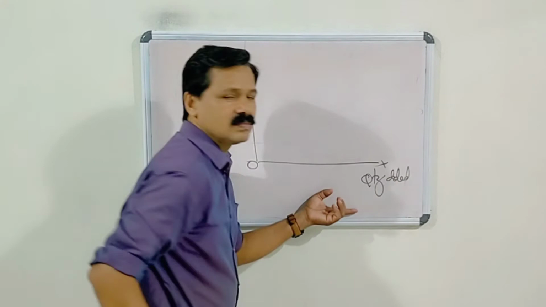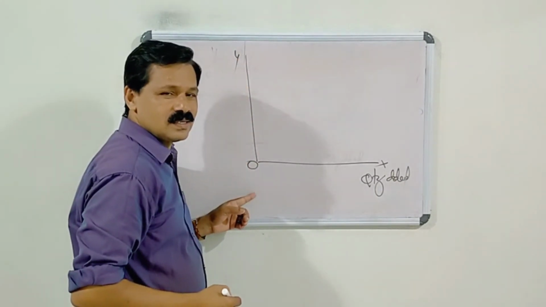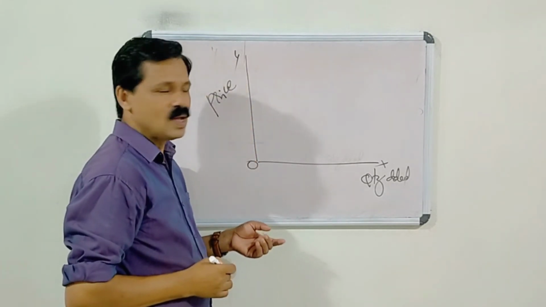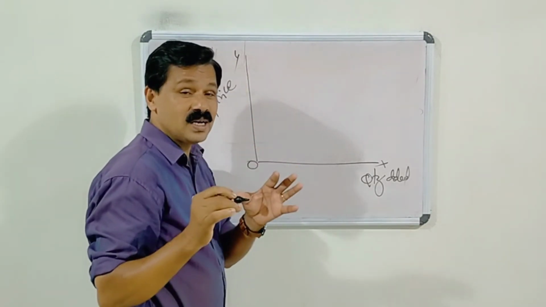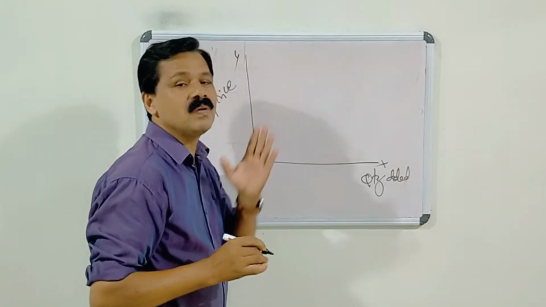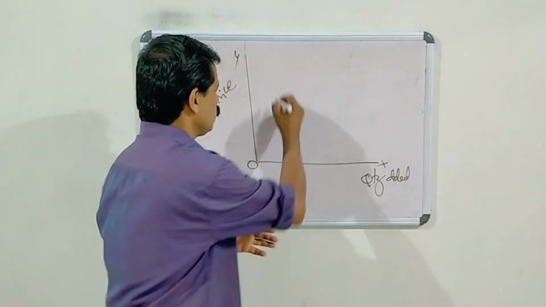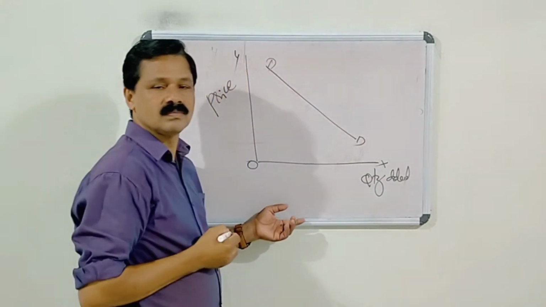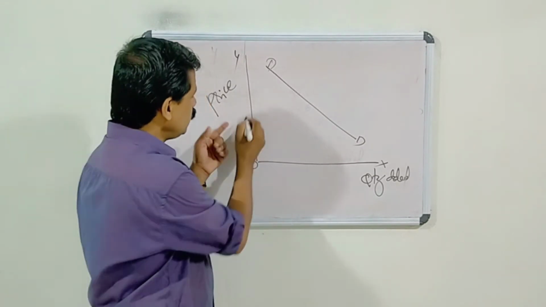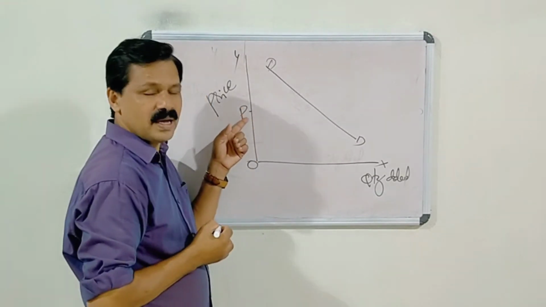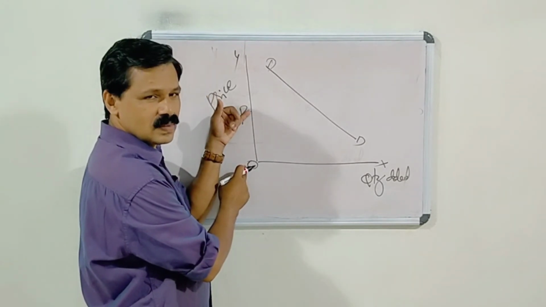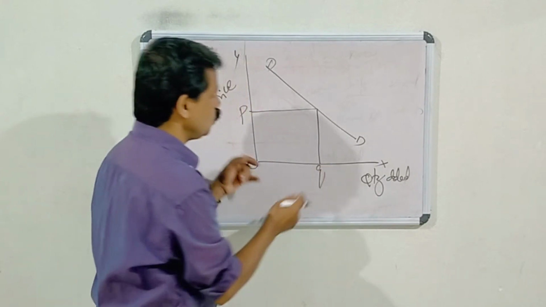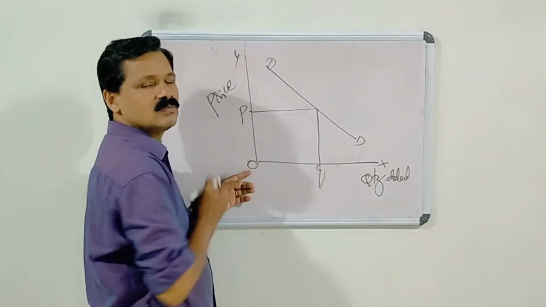Y-axis shows its price. We know a typical demand curve always slopes downwards from left to right, or is negatively sloped. This is the typical demand curve DD. Supposing the initial price which is determined is OP, at OP price this much quantity OQ level of output will be demanded.